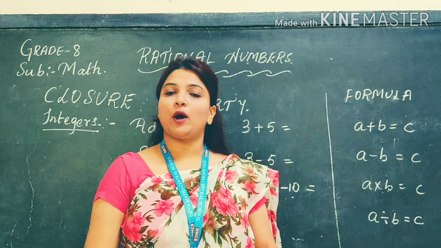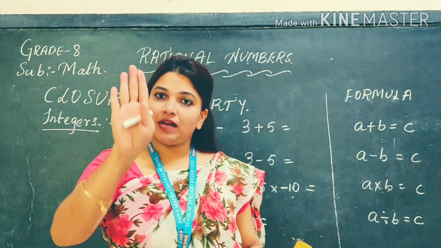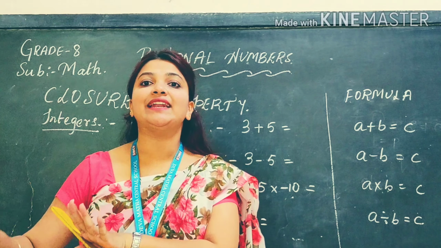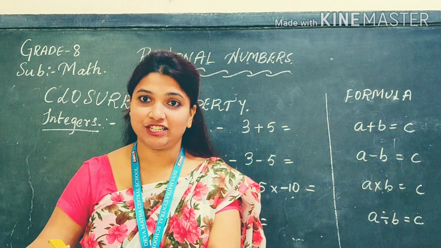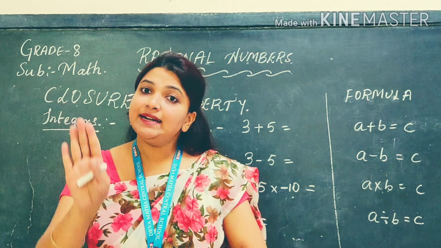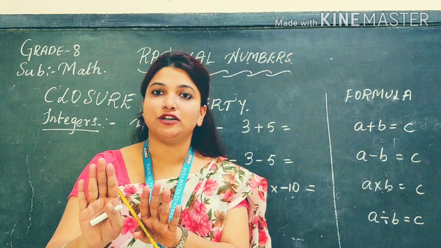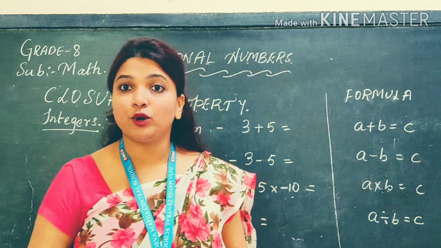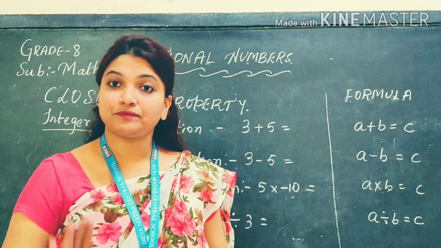Closure property means that for addition, integer plus integer should give me an integer. For subtraction, integer minus integer should give me again an integer. Then my closure property is valid.